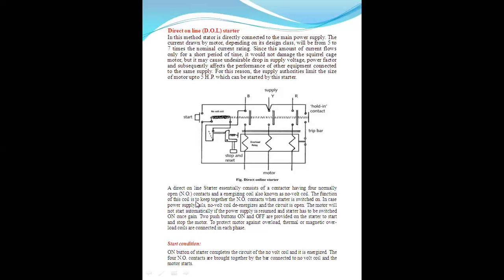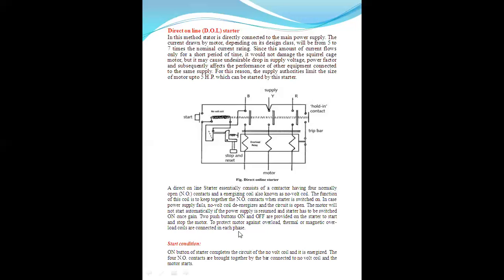The function of this coil is to keep together the normally open contacts when the starter is switched on. In case the power supply fails, the no volt coil is de-energized and the circuit is opened. The motor will not start automatically if the power supply is resumed, and the starter has to be switched on once again.